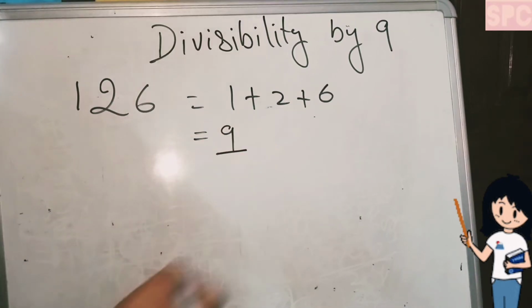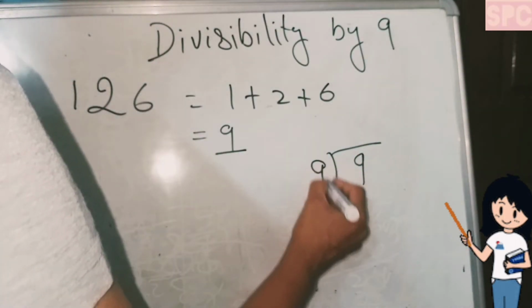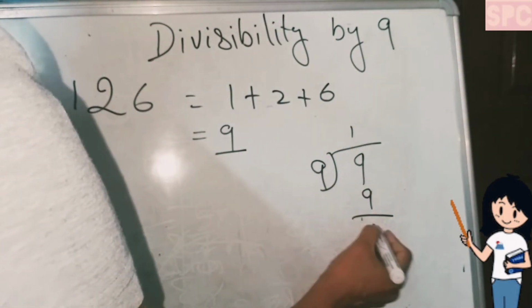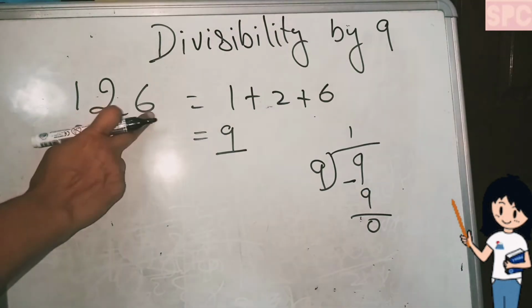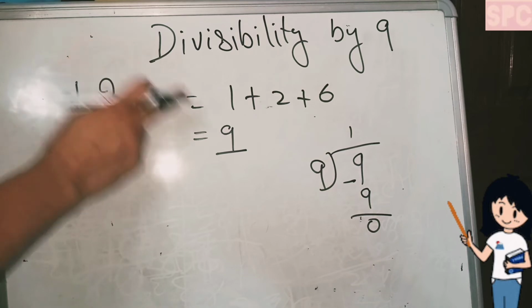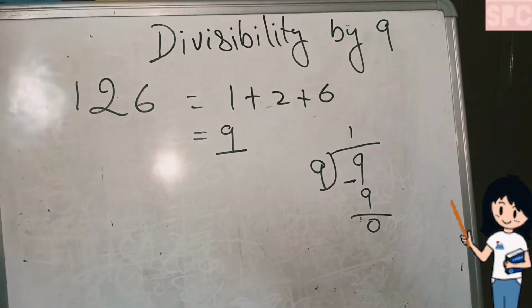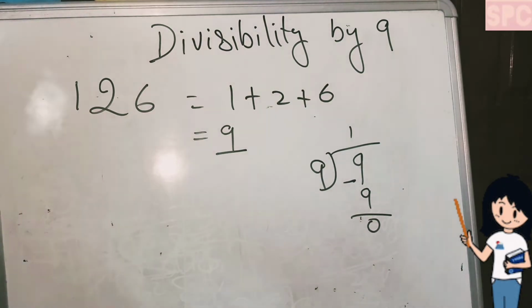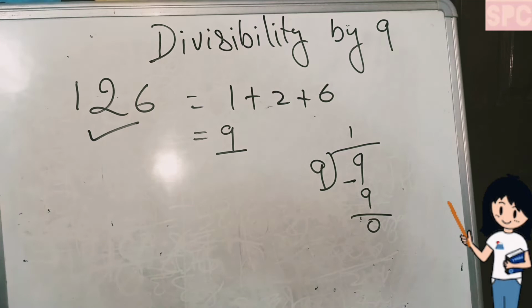Now 9 is definitely divisible by 9. 9 ones are 9. So as you can see, the sum of all the digits of this number is coming out to be 9, and this 9 is divisible by 9. So that is why this number is also divisible by 9.